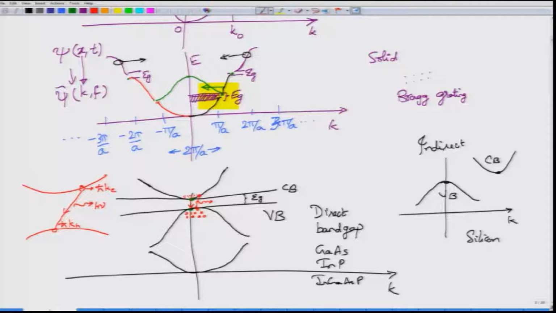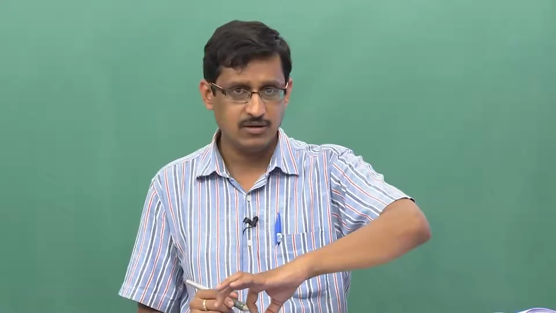When the initial state momentum is h bar k e and the final state momentum is h bar k h, there is a difference between these two momenta, and this difference, h bar delta k, has to go into the photon. What is the maximum such difference that can happen? The maximum momentum change happens when delta k changes by 2 pi by a. That is the maximum transfer, or change in the momentum, that is possible.